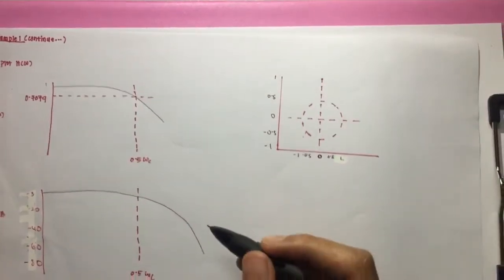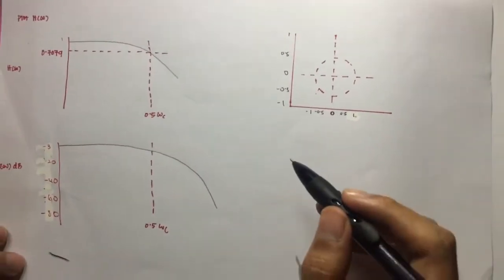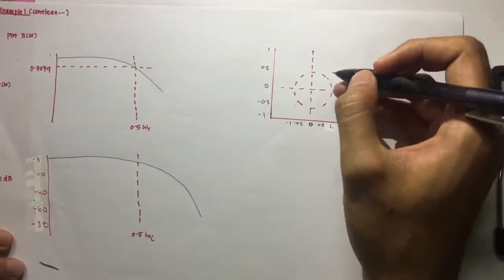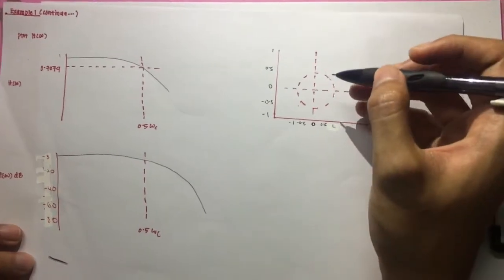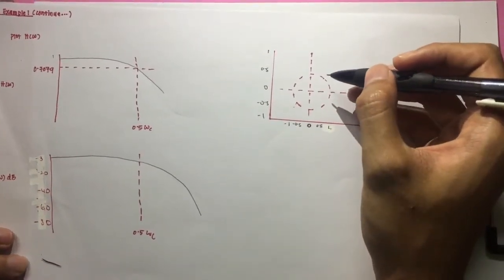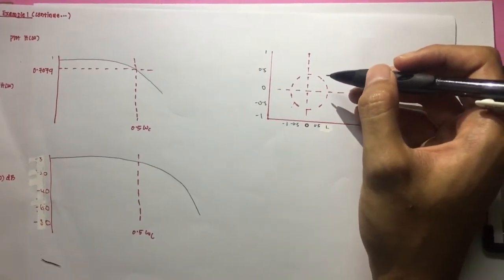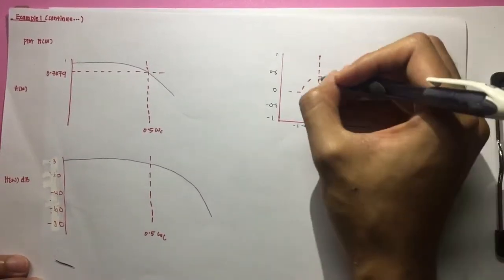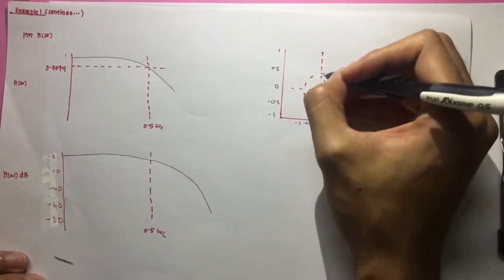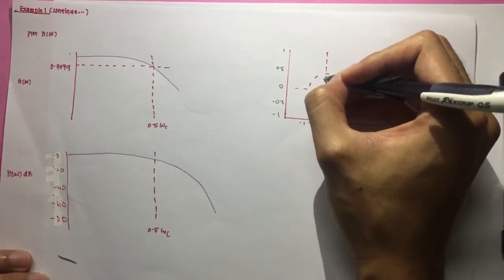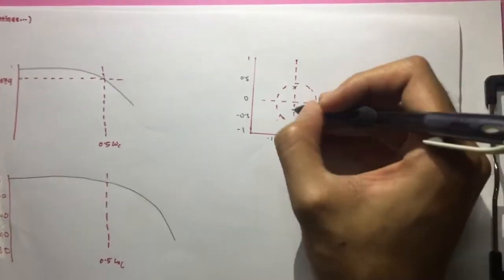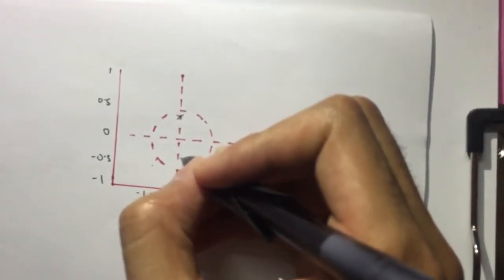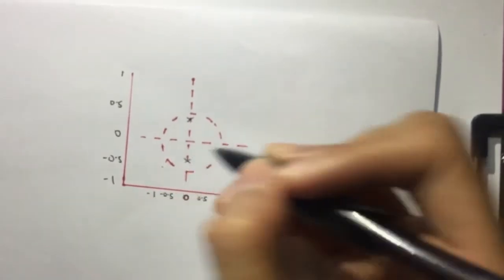Okay, next we move on to the pole and zero plot. So from the transfer function equation, we obtain the poles and zeros. As for the poles, the first pole is 0.49 something, so it's located here, and the other one is negative 0.49 right here.